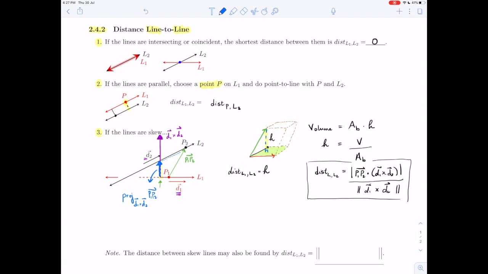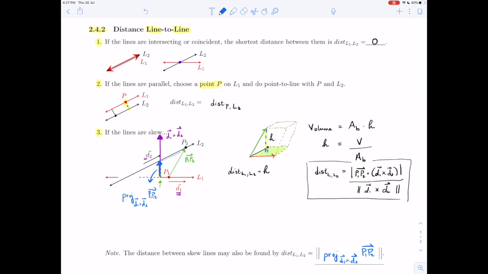And if we want the distance, then we want the length of that vector. So another formula, which actually works out to be exactly the same thing if you simplify things a bit, is the norm of the projection of P1P2 onto the cross product of d1 and d2.